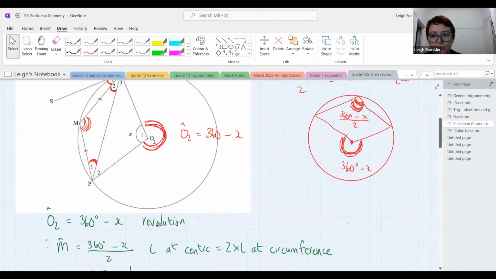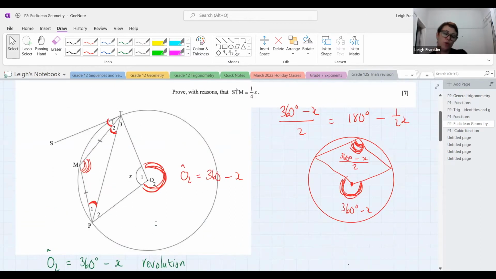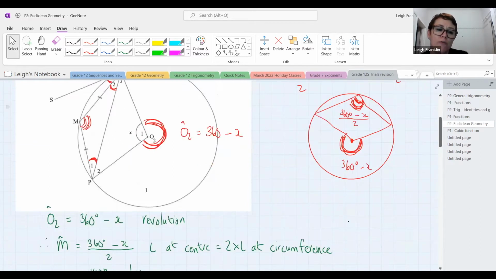Okay. So what we want to do is work in terms of angle P1, because remember, it's P1 that's equal to T1 because of the tan chord theorem. So I want to express T2 in terms of P1. Does that make sense to everybody? So I'm now going to say angle M plus 2 of P1.